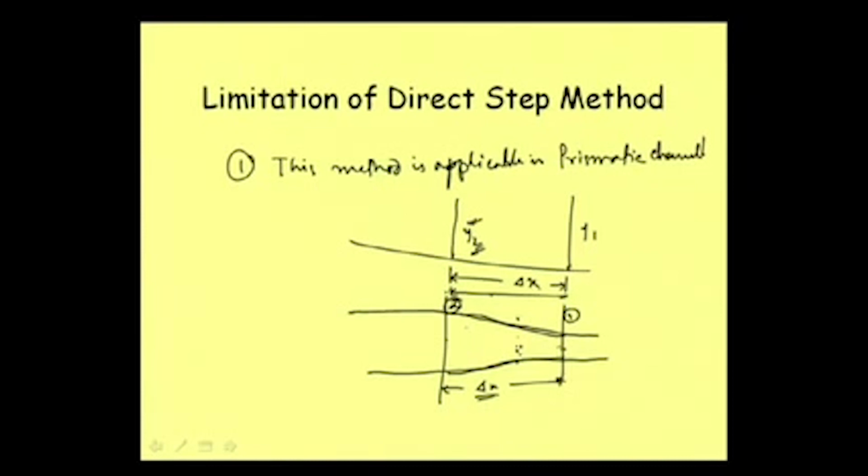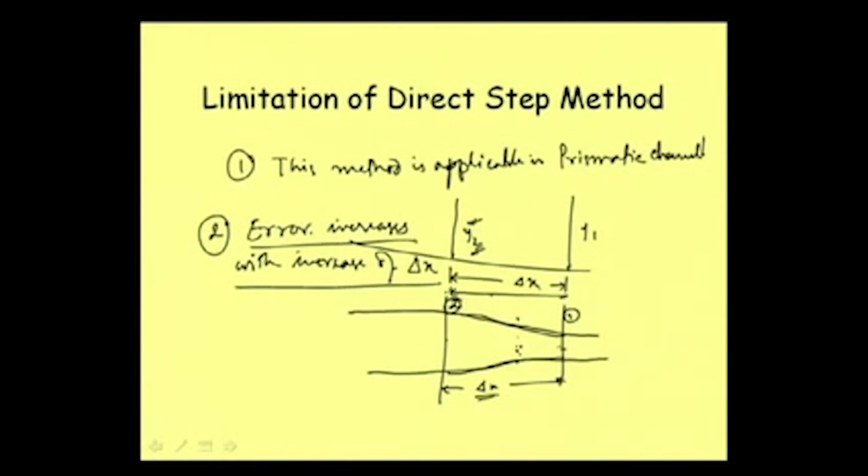And the second limitation is that error increases with increase of delta x. This is an error which is common for any numerical methods, and here also, when delta x is very large, the error increases.